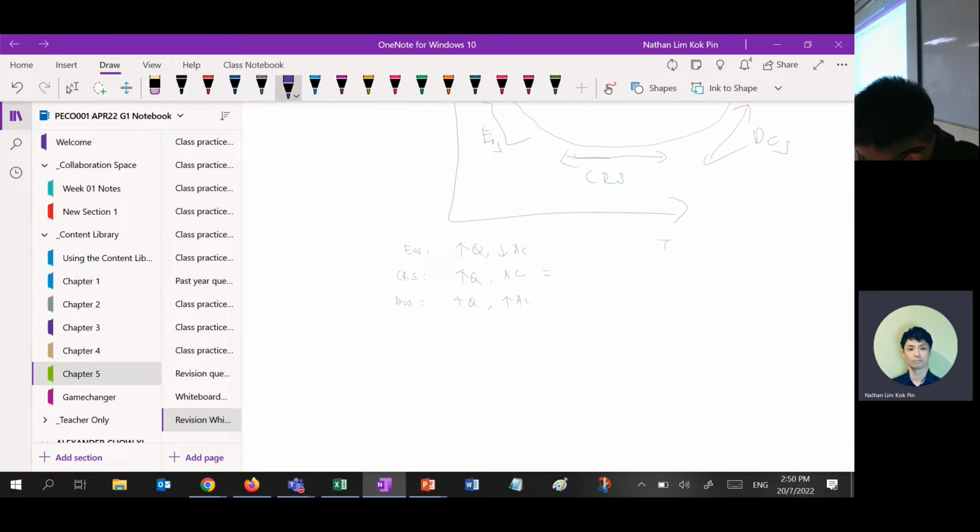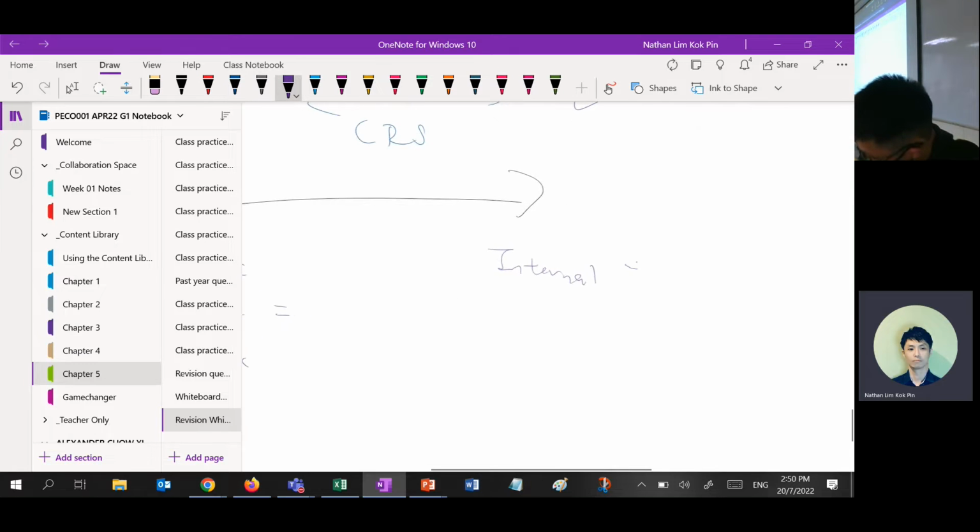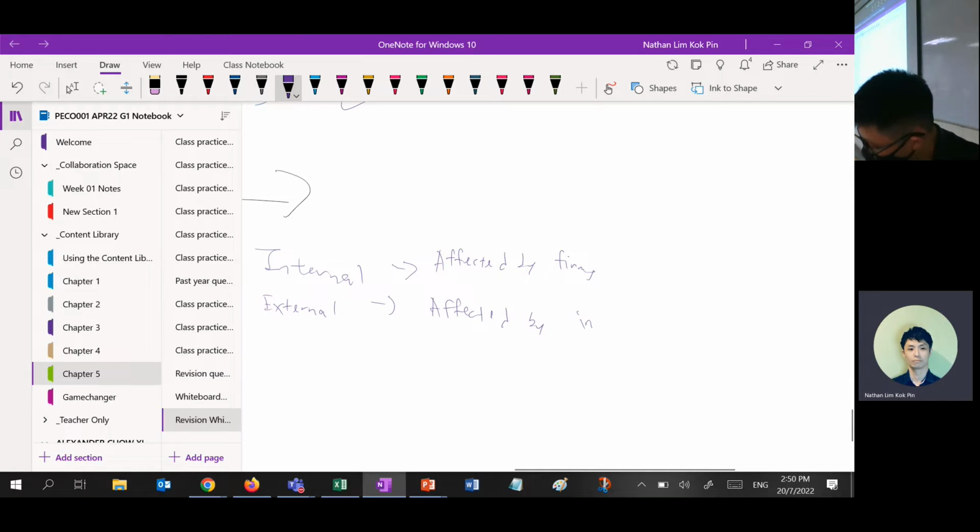Internal refers to affected by the firms itself. External refers to affected by industry. All the firms inside the industry will be affected, right?